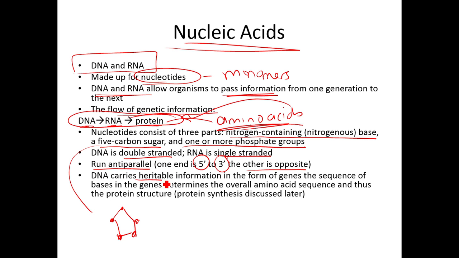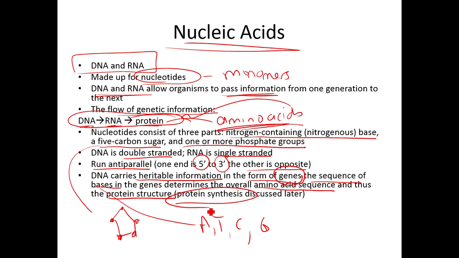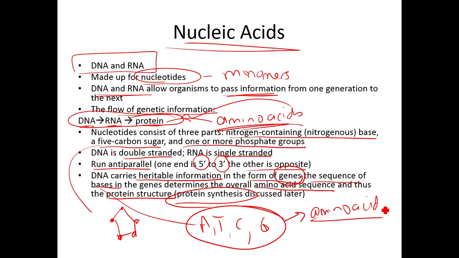DNA carries your inherited information in the form of something called genes, which is a sequence of your bases like A, T, G, and C. And that determines the overall amino acid sequence and thus the protein structure. So that's all protein synthesis. But the big idea here is that the order of these bases creates a sequence of amino acids, and that sequence of amino acids determines what the protein is.